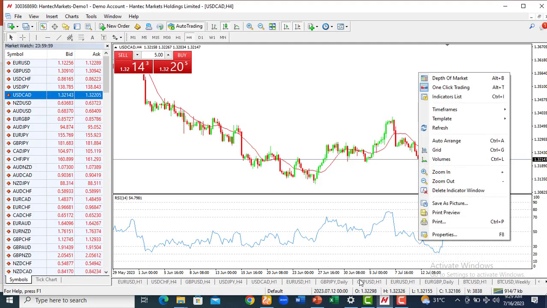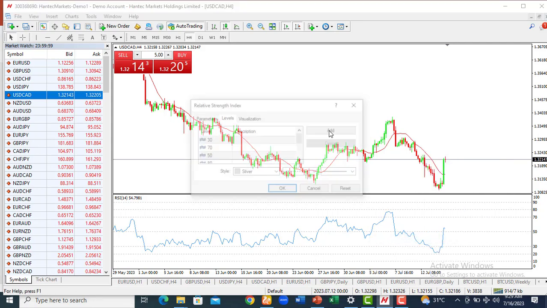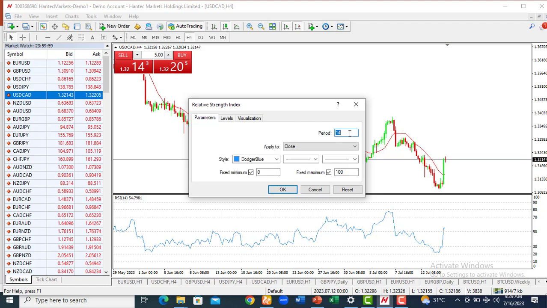This is the period I'm talking about: you can see parameters, period 14. You can change it, but personally I do not advise changing it. Personally, I leave it at 14. This is one of the major reasons most persons incur losses trading the forex market.